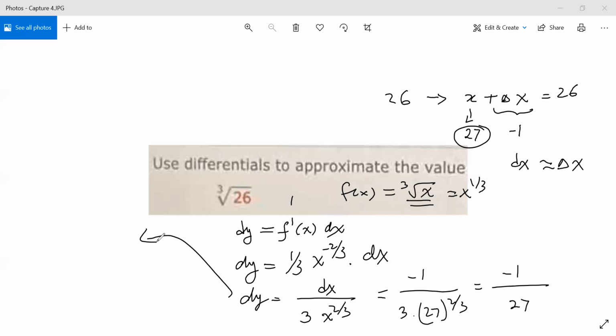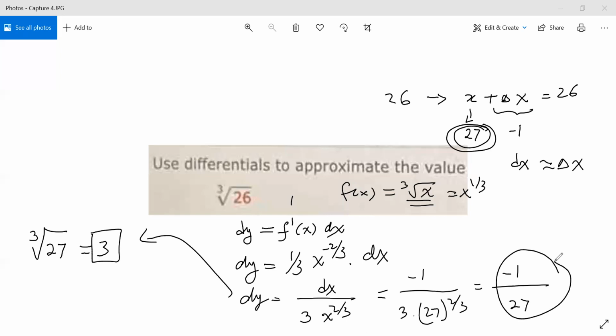So the actual value, okay, this is the actual value, right? If you do this, that's just 3, right? Because I choose x to be this, but I have this much error to it.